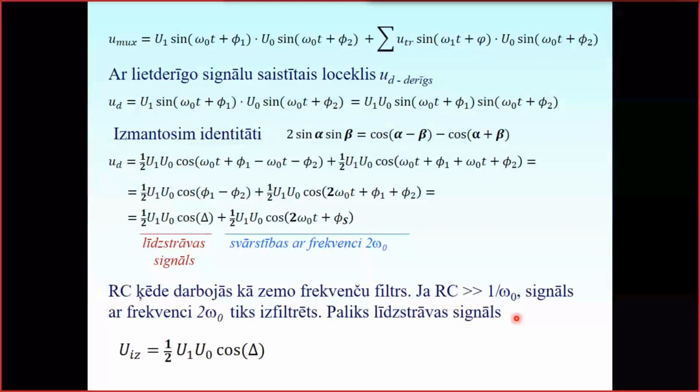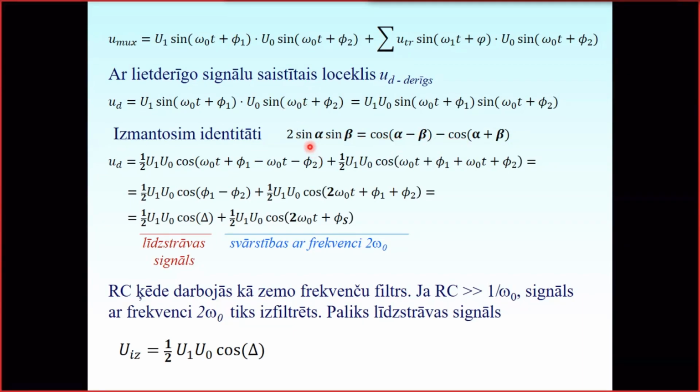Then to transform these multiplications, we use a well-known identity: the multiplication of two sines is equal to a difference of cosines.